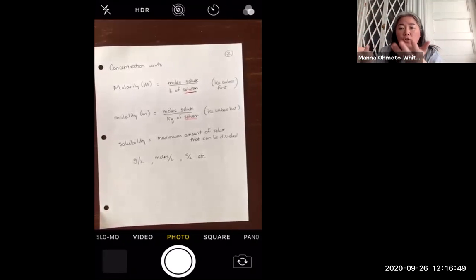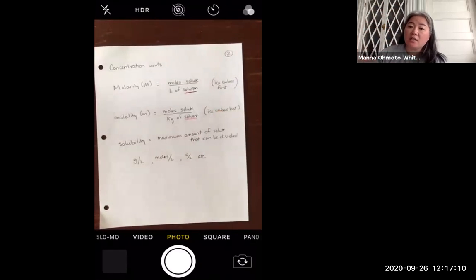The two solutions would be similar in that they would both have 1 kilogram, 1 liter of my distilled water, but they would differ in the amount of solution that I had. The 3 molal solution would have a less total volume of solution, and the 18 molal solution would have a larger volume. So again, ice cubes last.